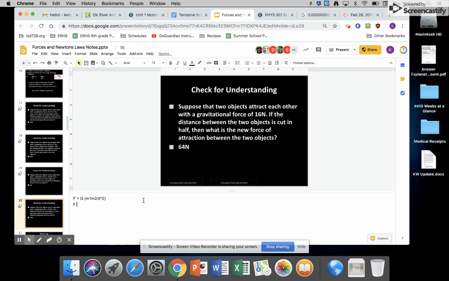We've got that 16 newton attraction between two objects. If the distance between the two objects is cut in half, meaning now we're moving the objects closer together, what is the new force of attraction between the two objects? Well, now, rather than separating them and making them weaker, we're getting them closer together, which is going to be much stronger.